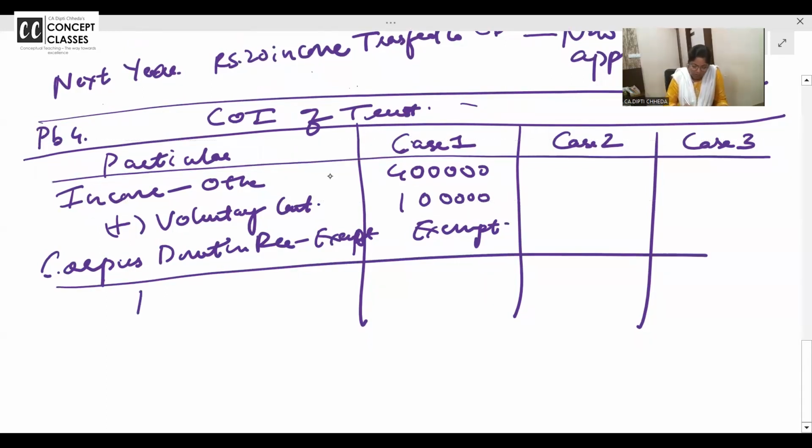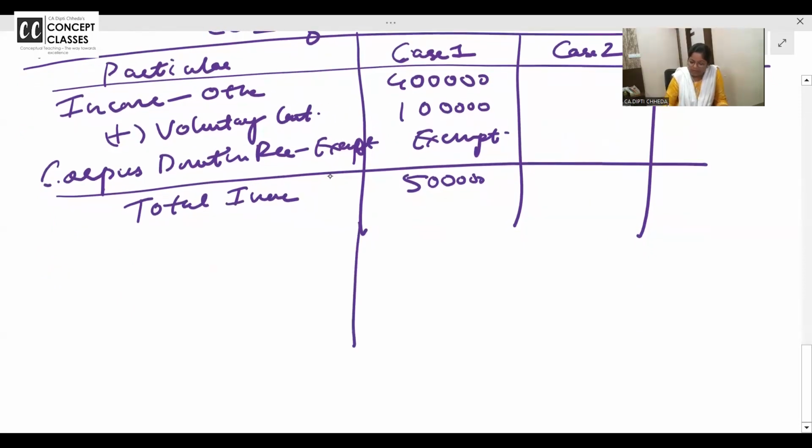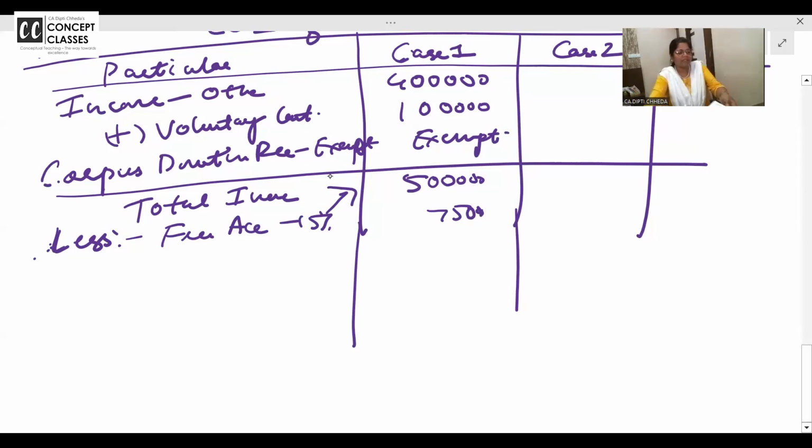So what is your total receipts or income? 5 lakh. Are you all with me? Now, how much freely you can accumulate? आप जमा कर सकते हैं. Free accumulation. How much is it allowed? 15%. So 75,000. Is it coming? 75,000.